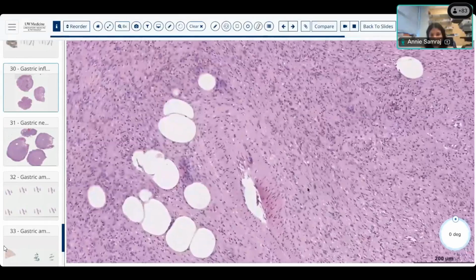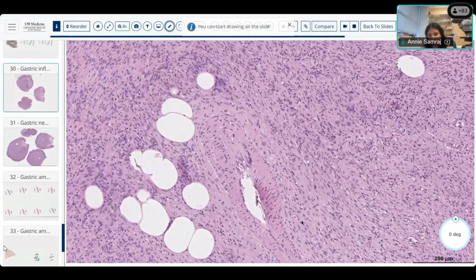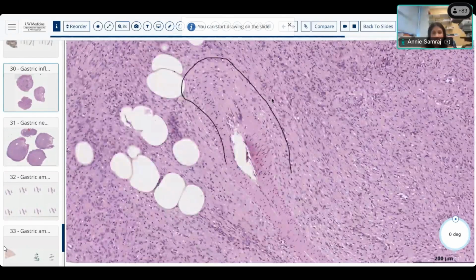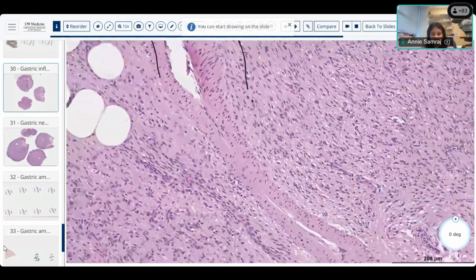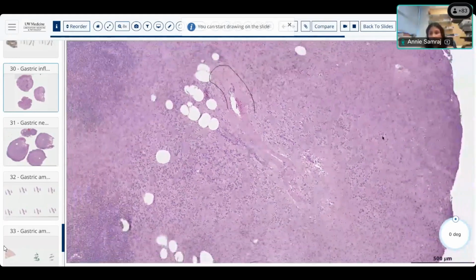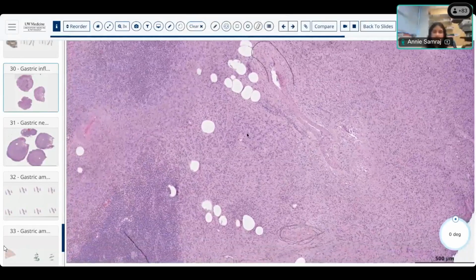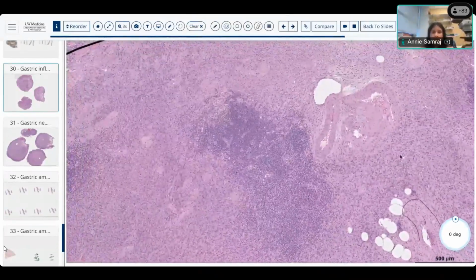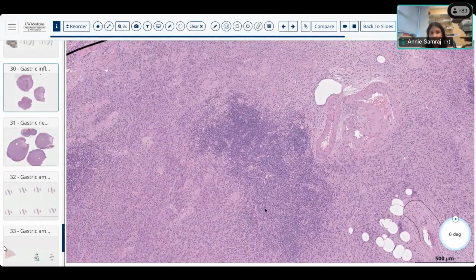Here also you can see it. Do you see this layering of the cells around the vessel? So we have spindle cells, eosinophils, onion skinning, and this is in the submucosa.